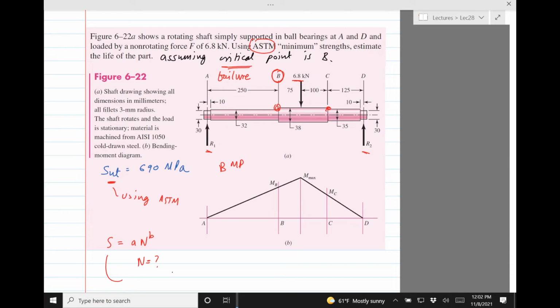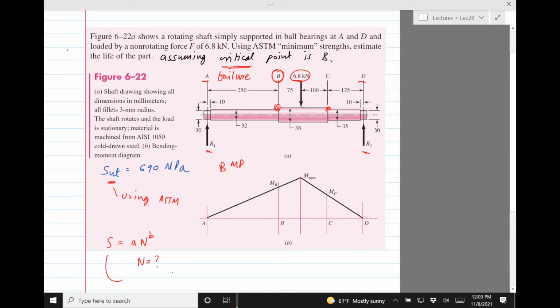So let's read the question. Figure 6.22a shows a rotating shaft simply supported in ball bearings at A and D. So A is here, D is there, and it is loaded by a non-rotating force F, which is here, 6.8 kilonewtons. Using ASTM minimum strengths, estimate the life of the part.